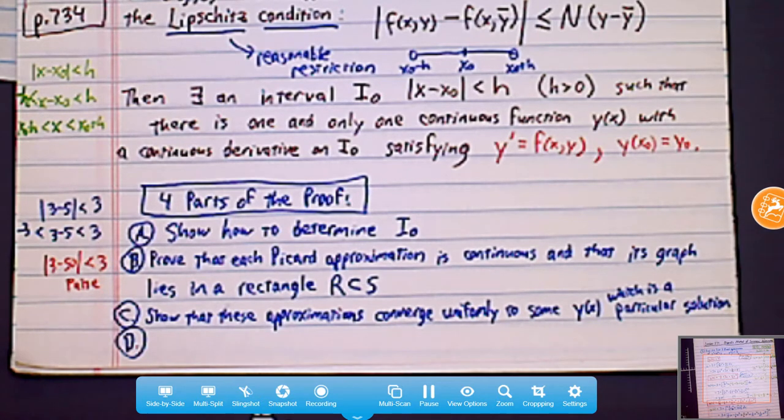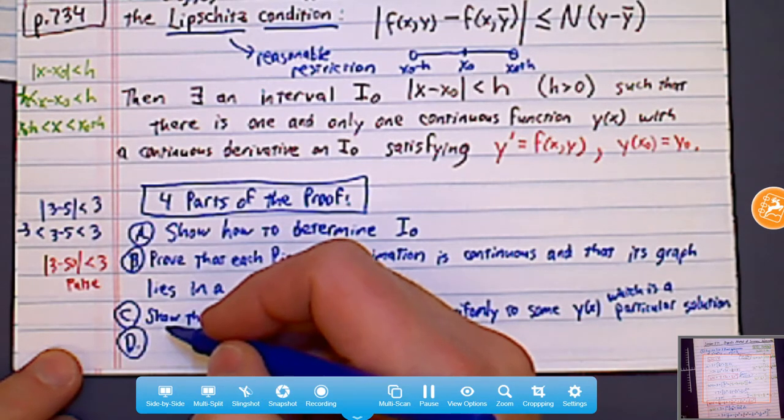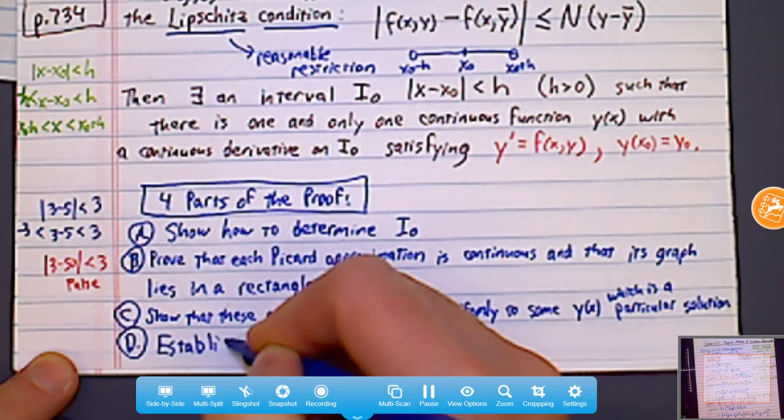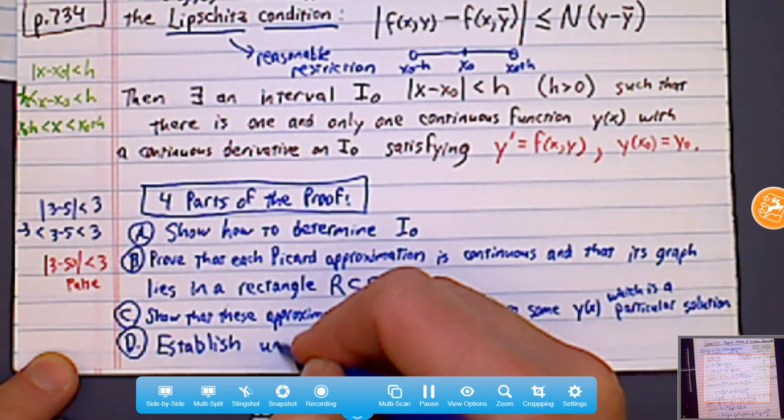Well, part D, and this is very common when you prove mathematical theorems, we will separately establish uniqueness.